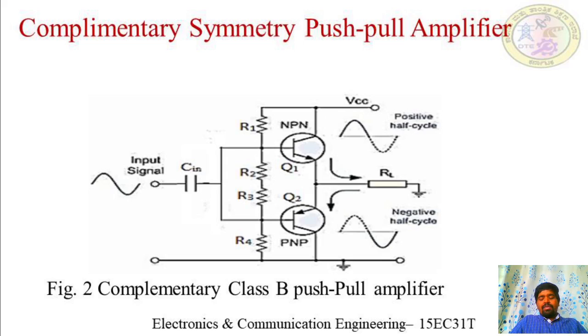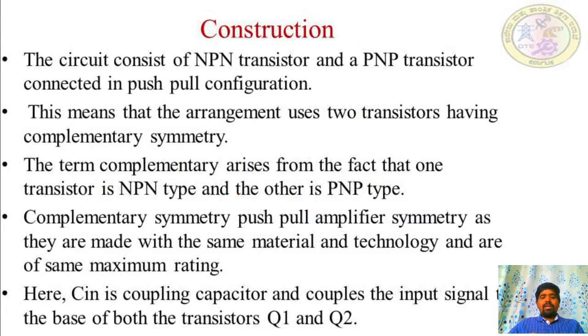So first, the input signal is applied to the coupling capacitor, then we are using two transistors. One transistor is NPN and the second one is PNP. So obviously the arrangement of the two transistors has complementary symmetry, that means they are opposite: one is PNP and the second one is NPN.